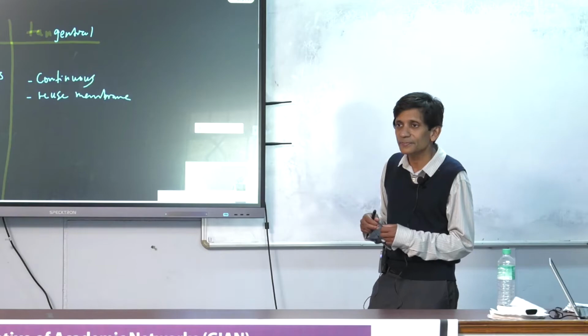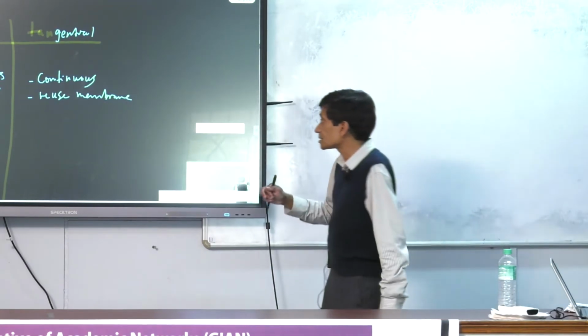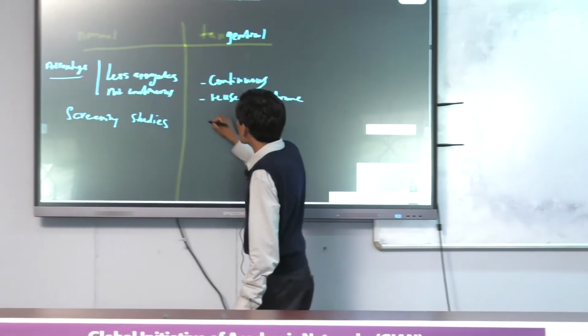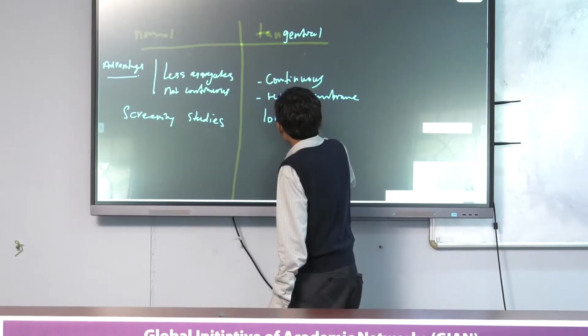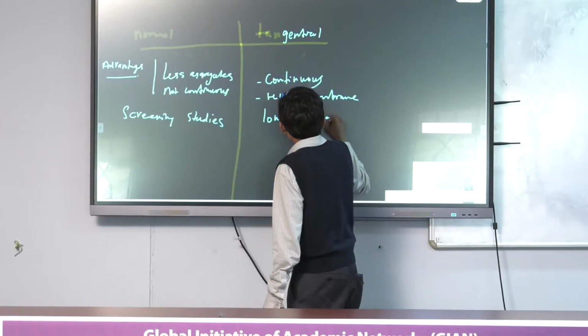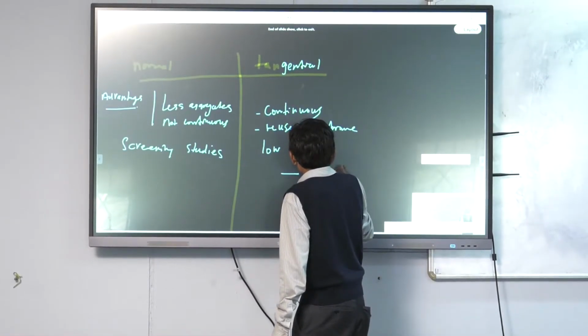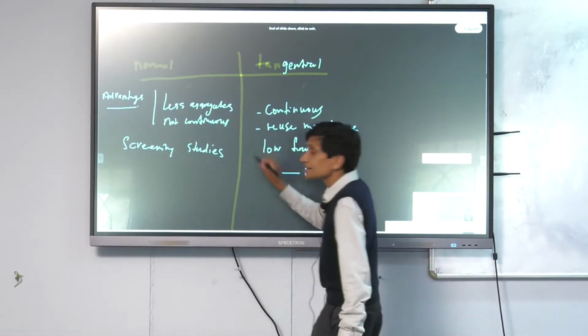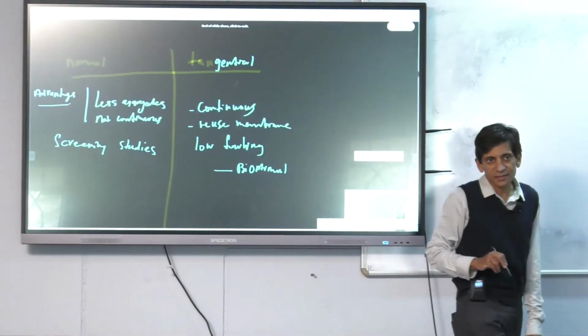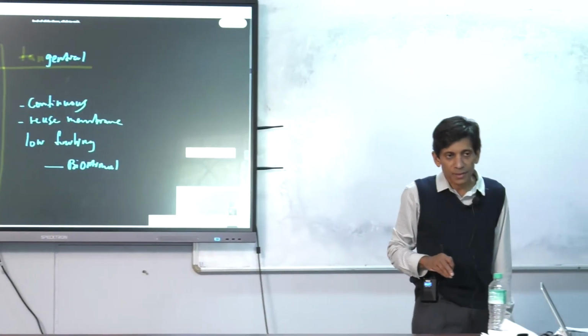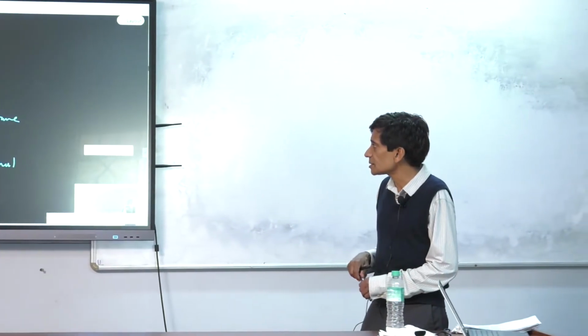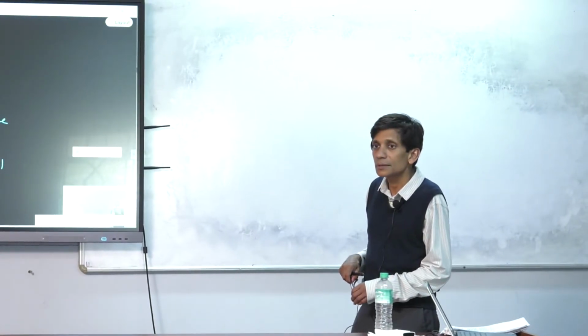Other things. Low fouling tendencies. For this, yes, low fouling tendencies. And actually, I'm just going to put here biooptimal, which is an attempt to try and combine the two and get the advantages of both. Okay? Anything else? Have we done everything, do you think? Protein denaturation is possible.